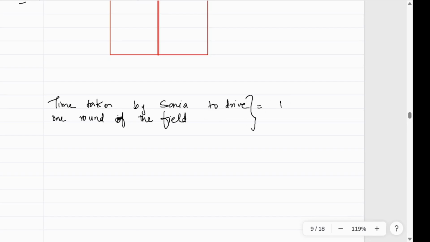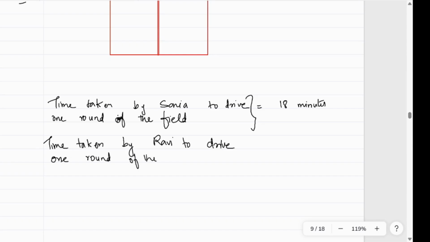It's equal to 18 minutes. Similarly, the time taken by Ravi to drive one round of the field is equal to how much? It's equal to 12 minutes.